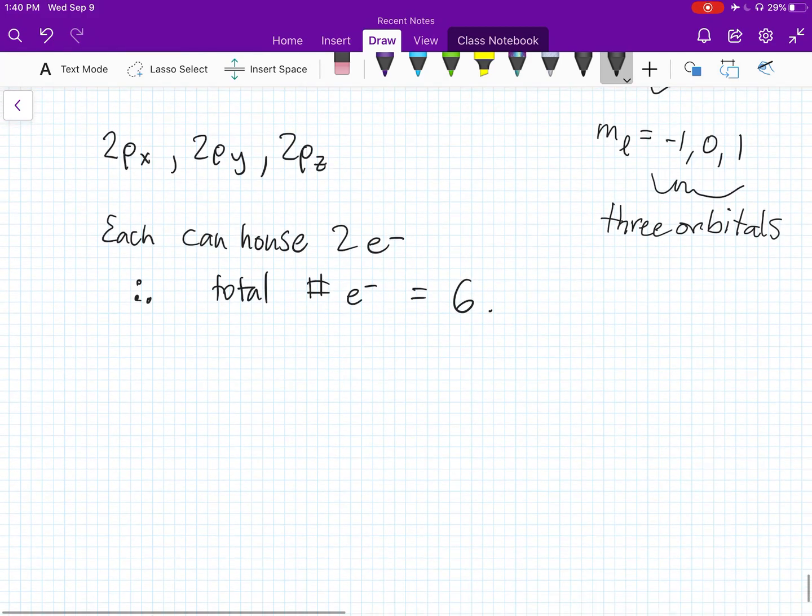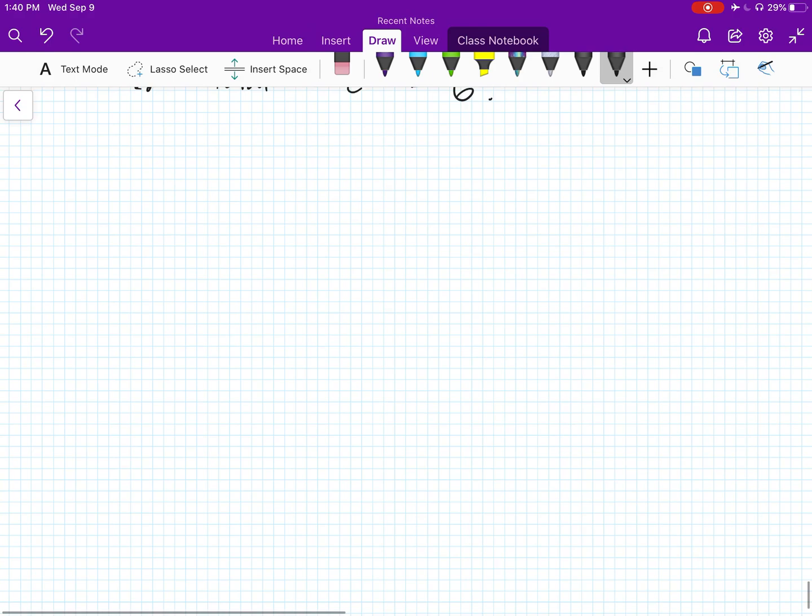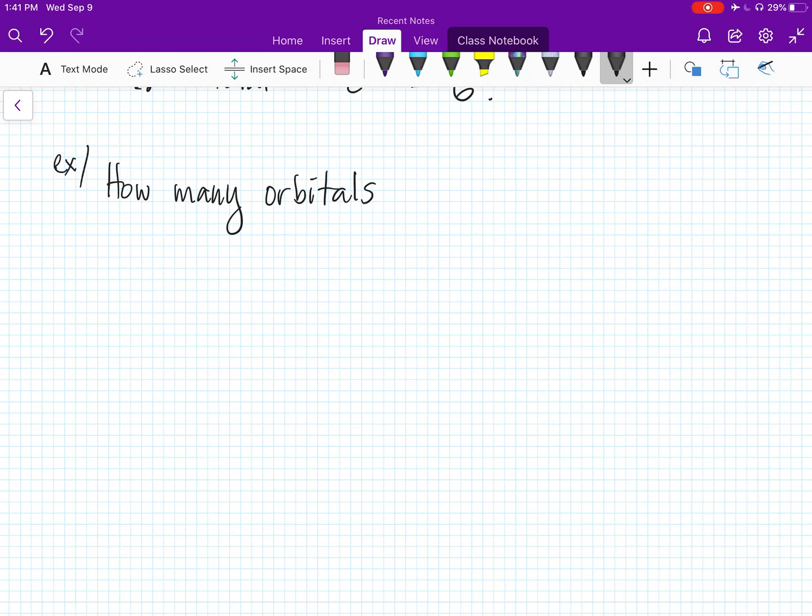Let's ask a question in a slightly different manner. Can you tell me how many orbitals? Notice I'm asking about orbitals this time instead of electrons. How many orbitals can have n equals 2 in an atom?